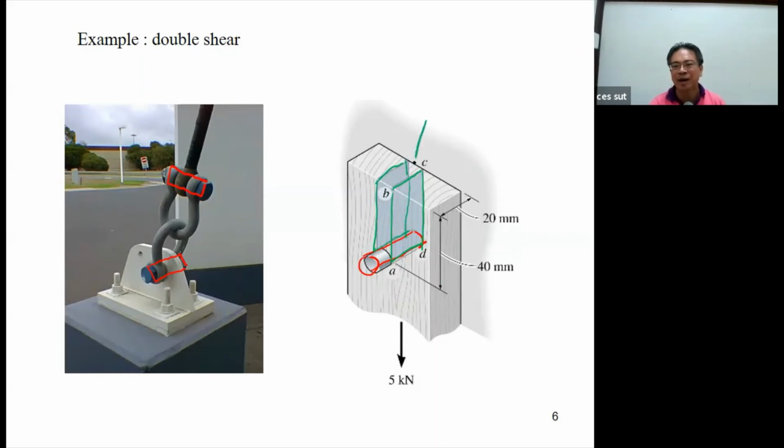So this time the timber is in double shear. So the wood and the metal can be both in single shear or double shear, depending on the way we use this in our structure.